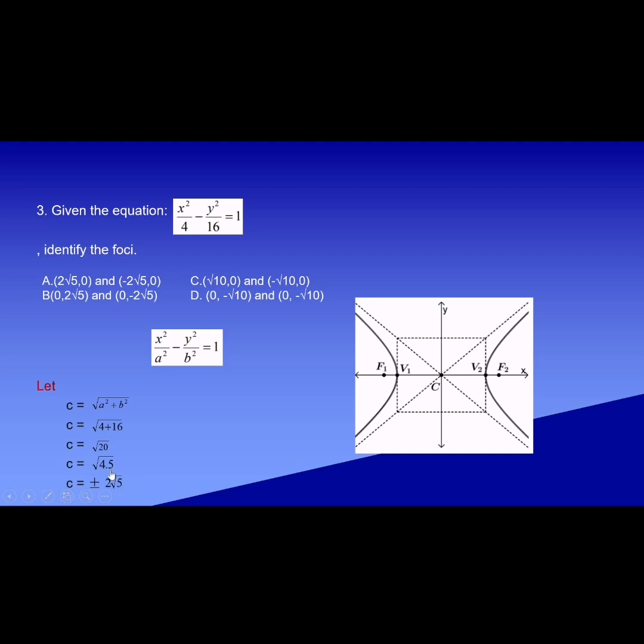Square root of 4 is 2, then may 1 yung 5, square root of 5. So since we are asking to identify the foci, ito yung point natin sa F sub 1. That is for other focus, F sub 2. So this is the point, positive 2 square root of 5.